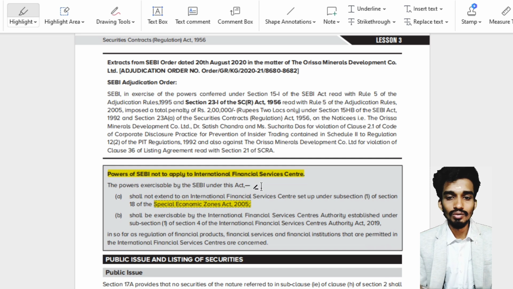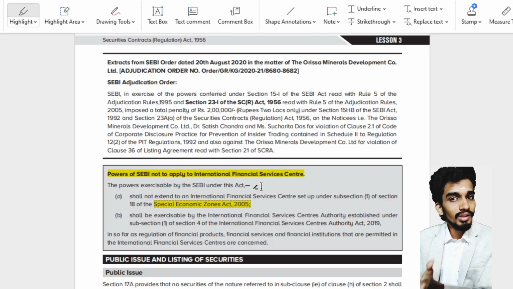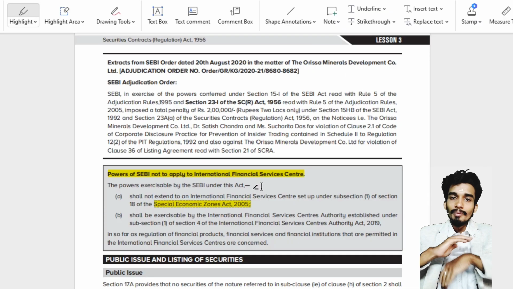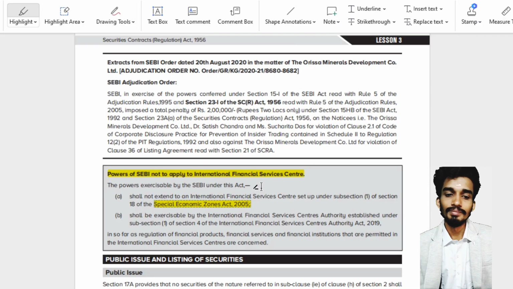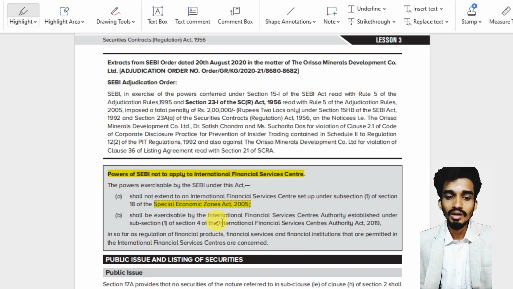So all the taxation rules, all the powers, all the rules and regulations of the respective country would not apply to the IFSC zone, which is completely different from our territory. The rules and regulations for the IFSC are dealt with in the IFSC Act, 2019.